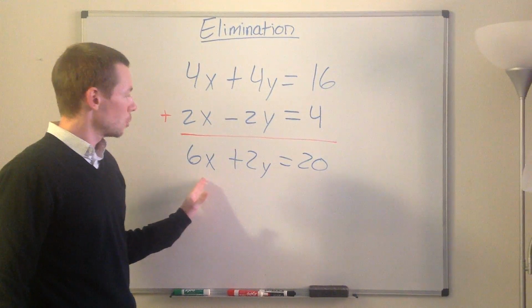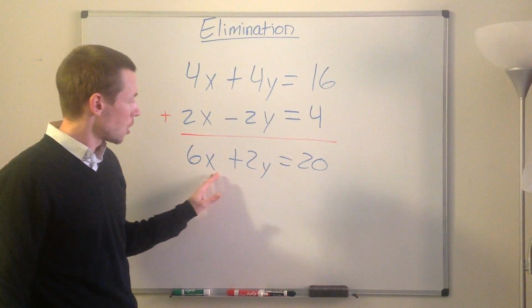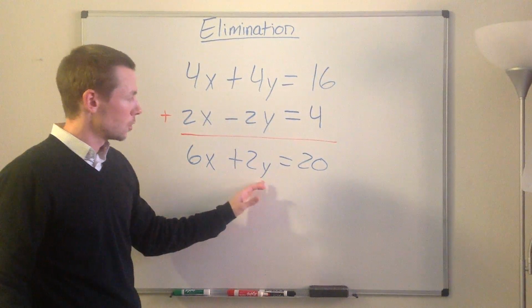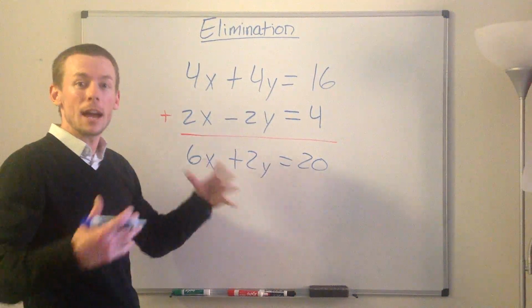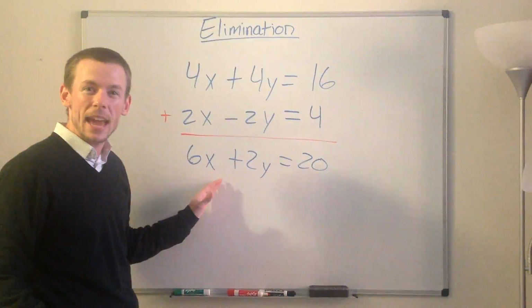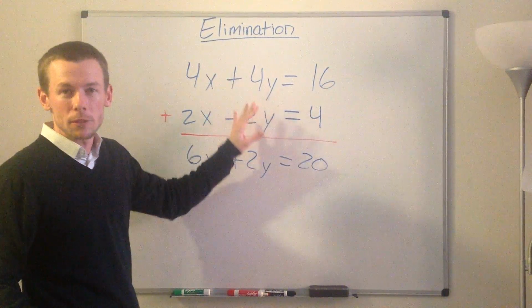The only problem with that is we didn't eliminate a variable. So it's kind of hard to find a value for x when we have two variables with one equation. We could find an infinite number of solutions, but we couldn't narrow down the x and then therefore the y that would eventually make both of these true.